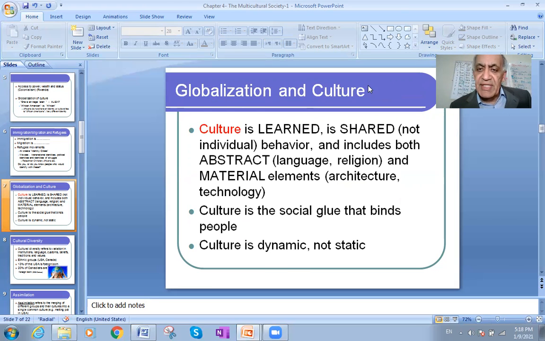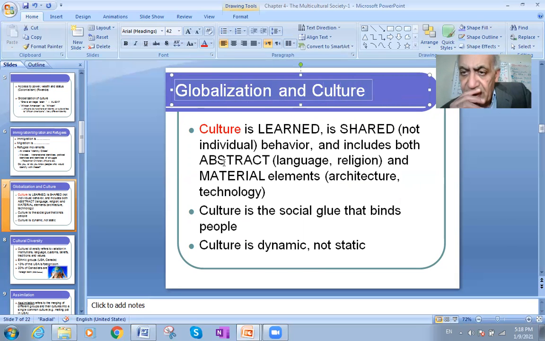As long as we said the globalization of culture, we will talk about how culture is learned, and we know that culture is shared. It's not an individual behavior, and it includes both abstract elements like language and religion, and material elements like architecture and technology.